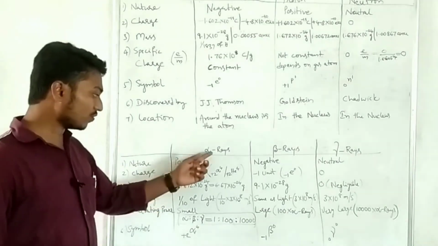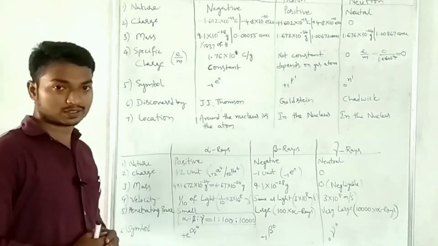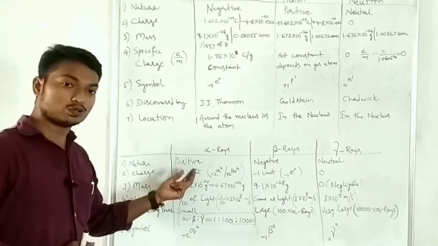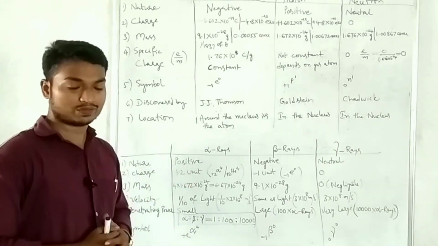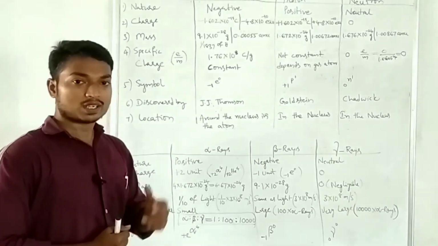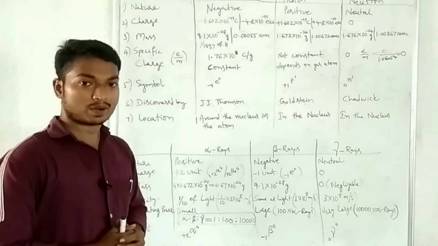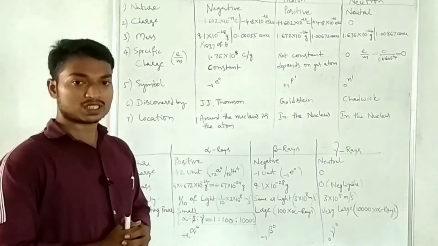If you observe the charge for alpha rays, in the alpha rays there are plus 2 units of charge. That means if you take a helium atom, in that atom there are 2 electrons, 2 protons and 2 neutrons. That means the atomic number is 2, mass number is 4.